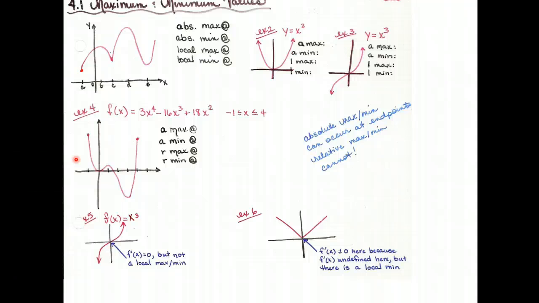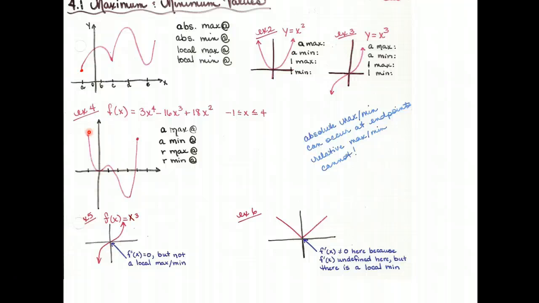Something else we want to stress is the x value in your ordered pair. For instance, if we're looking at this point and it were, let's choose a different one, negative 1, 10, okay? The negative 1 tells me where the maximum or minimum occurs. The y value is the actual maximum or minimum. That's important because sometimes they'll say, where do you have relative maximums and minimums?